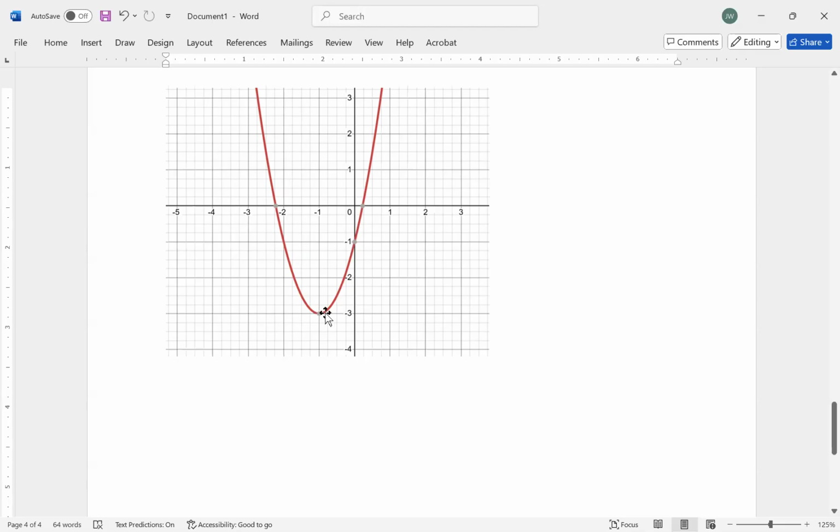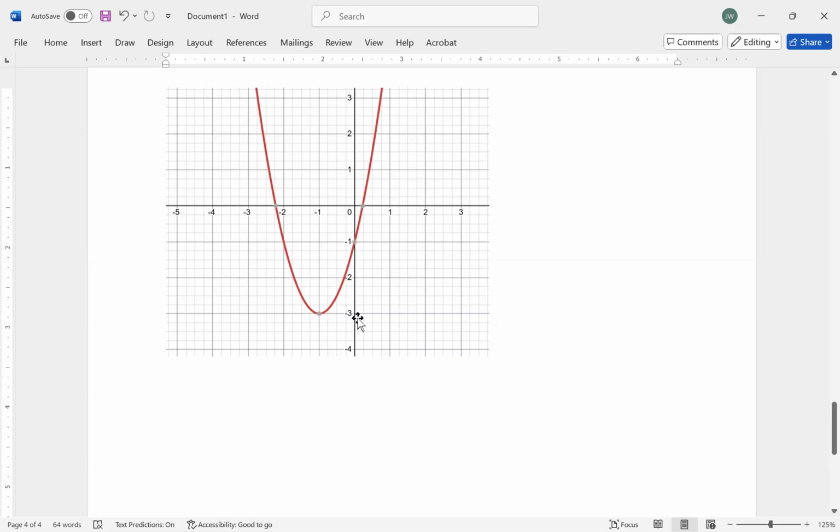Notice that if you move over 1 unit and up 1 unit, you do not hit a point on the parabola. In fact, if you move over 1 unit, you move up 2 units to hit the point on the parabola. This means that it was vertically stretched by a factor of 2.